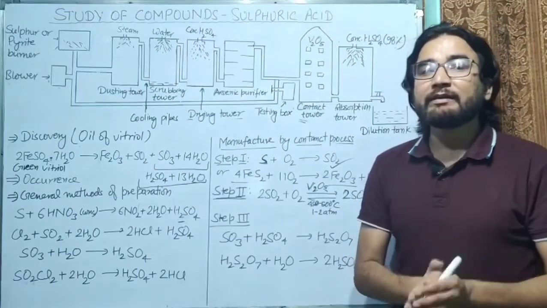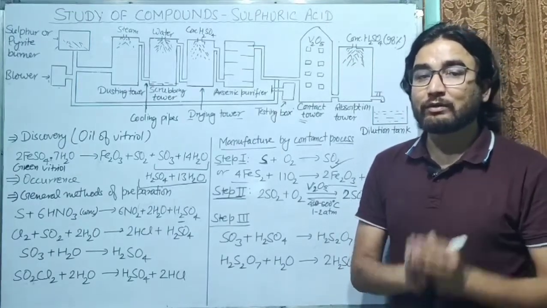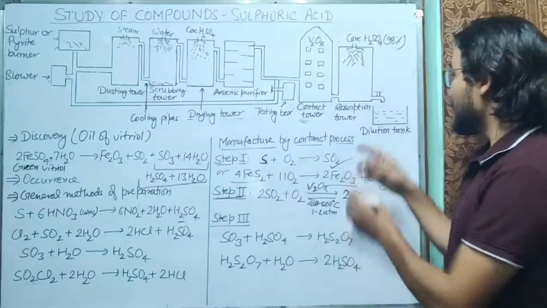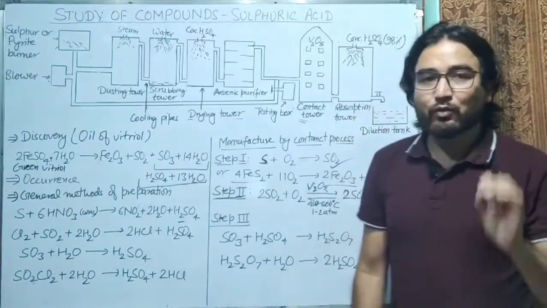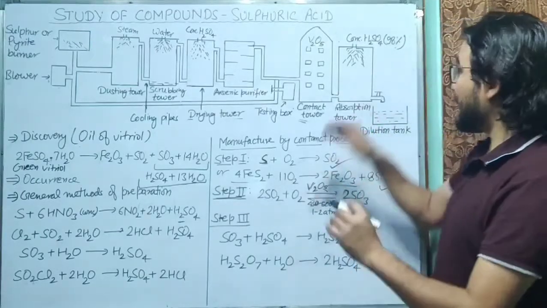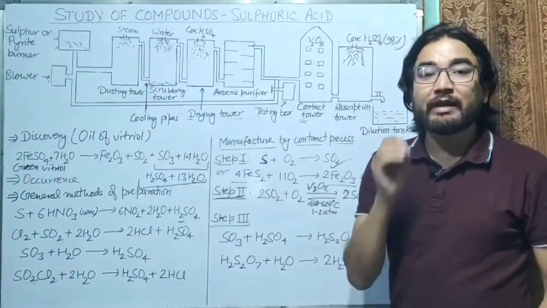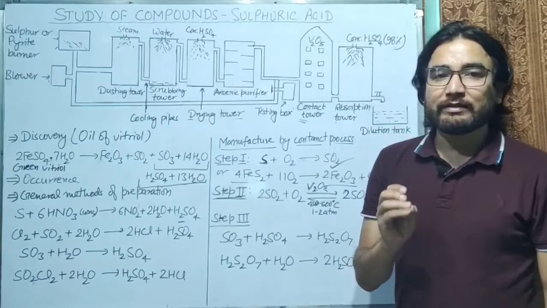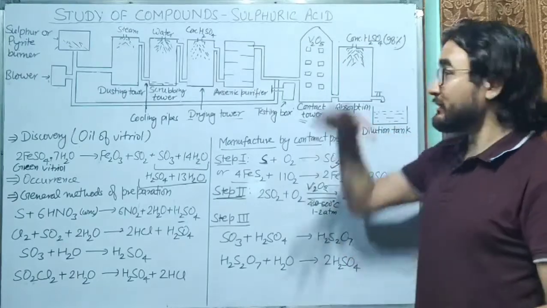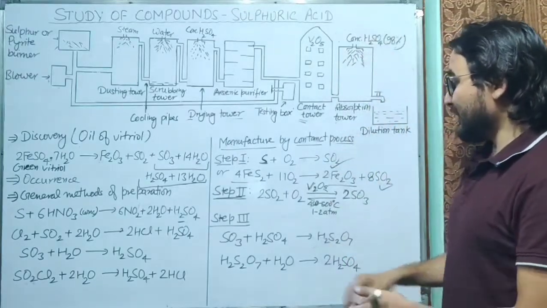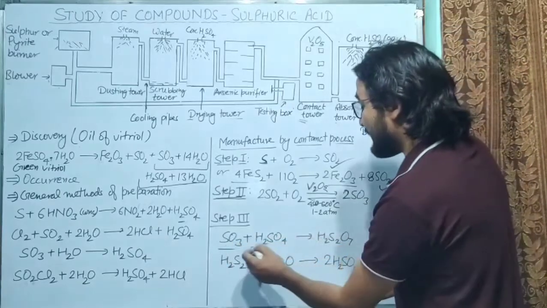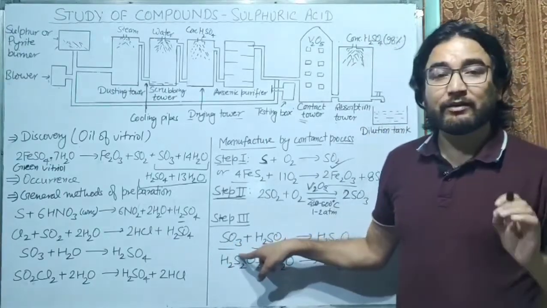Now after getting sulfur trioxide, it is passed to the absorption tower. So what happens in the absorption tower? In the absorption tower, the concentrated sulfuric acid, about 98% sulfuric acid, is sprayed from the top, and then it reacts with sulfur trioxide.